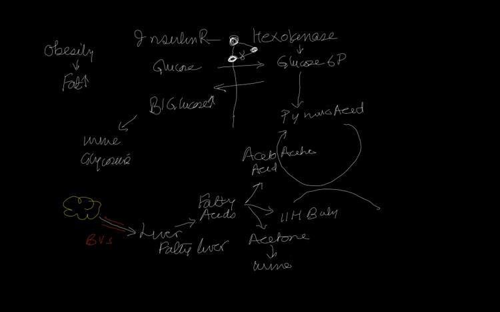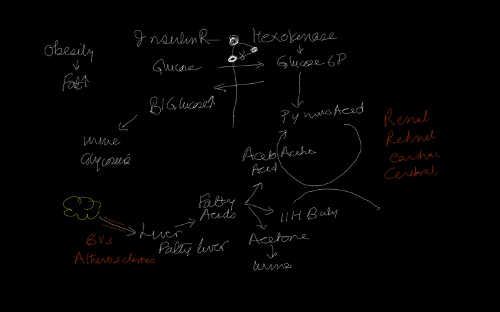And when a lot of fat passes through the liver through blood vessels, this causes atherosclerosis. And the four effects of atherosclerosis are renal, retinal, cardiac, cerebral.